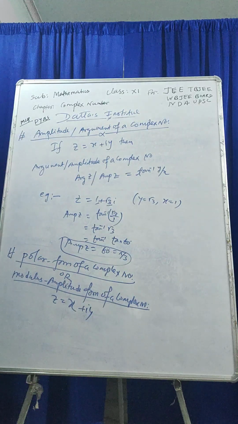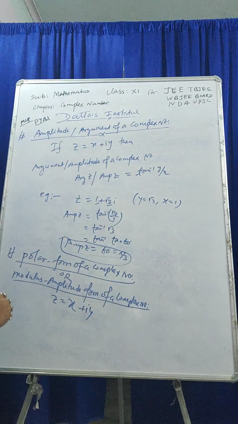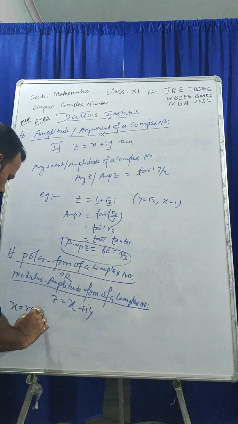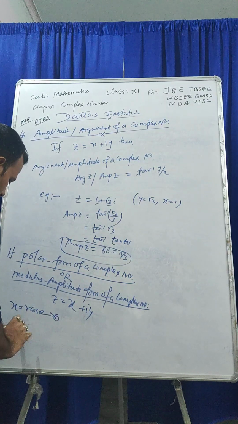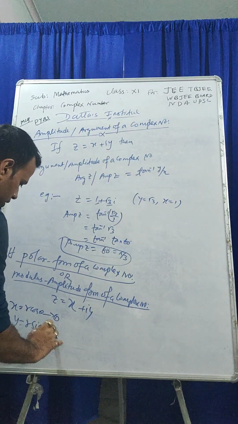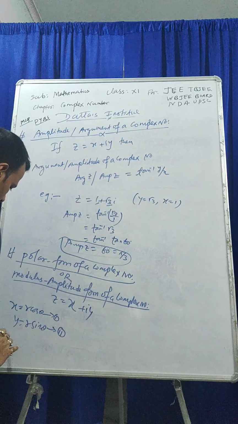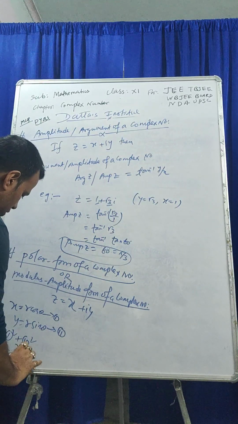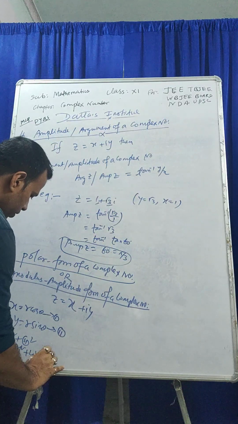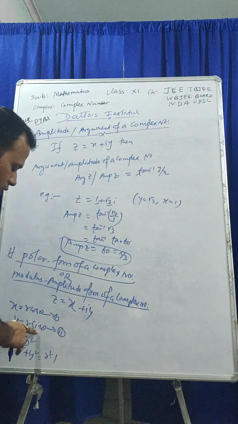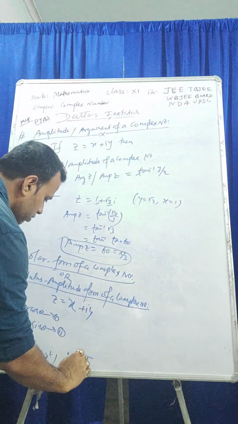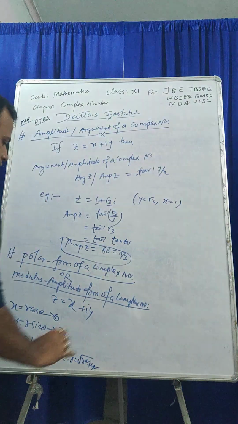I consider one complex number. Now you have to consider x equal to r cos theta and y equal to r sin theta. Squaring and adding, you will get x square plus y square equal to r square into 1, since cos square theta plus sin square theta is 1. So r will be root over x square plus y square.